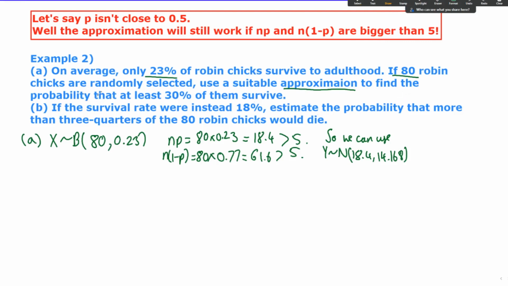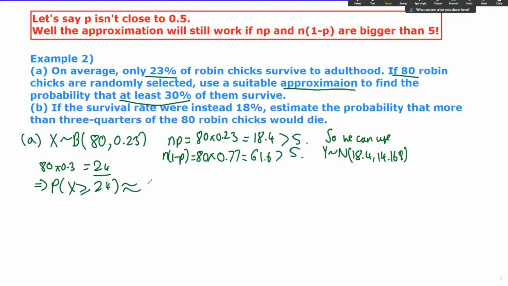We want to find the probability that at least 30% of them survive. 30% of 80 is 80 times 0.3, which is 24. Hence we want the probability of X being at least 24.